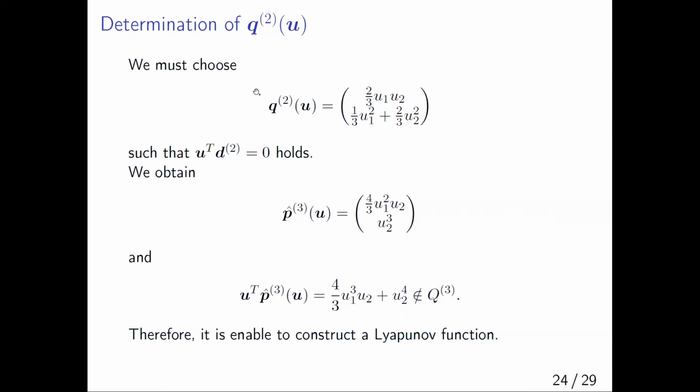We must choose like this, such that U transpose this equals 0. And we obtain P hat 3 and U transpose P hat 3. Therefore, it is possible to construct the Lyapunov function.